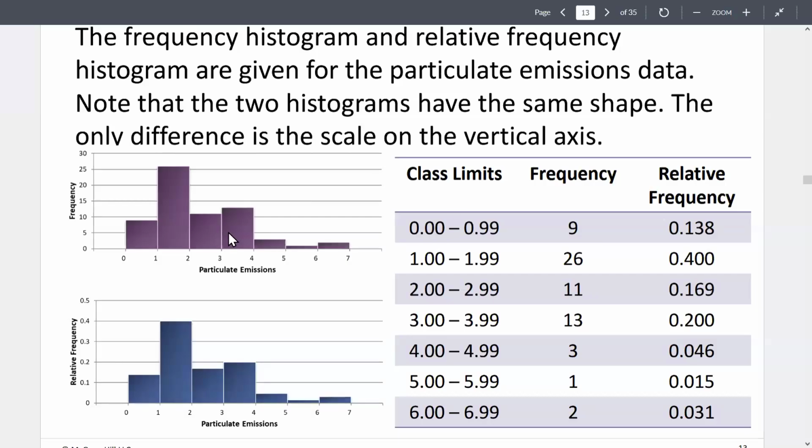Going back to when we made a histogram, sometimes when we do histograms, we don't always use lower class limits. This is sometimes when we use midpoints, those midpoints in between.